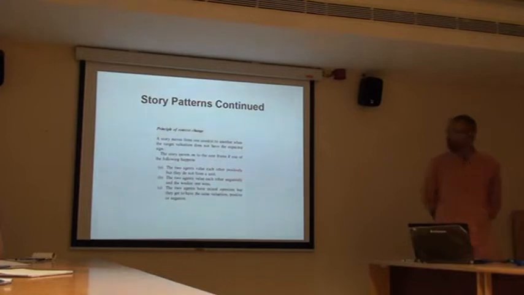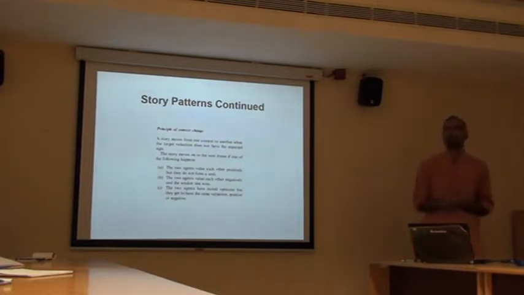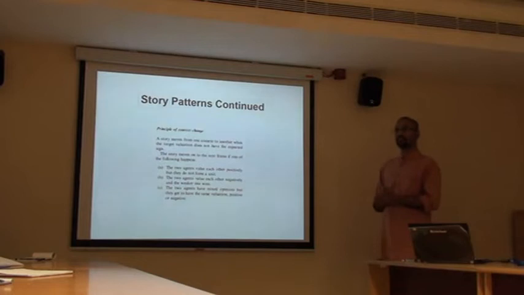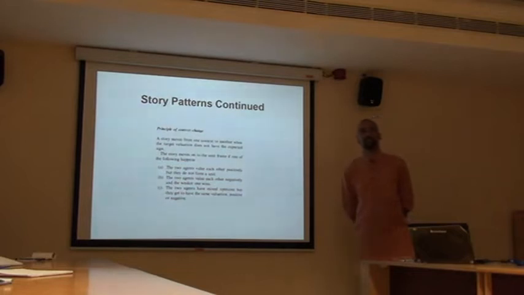So the principle of context change is that the story moves from one frame to the next if one of the 2 following happens, right? The 2 agents. Suppose that a story is an interaction between 2 people, Romeo and Juliet, that's the tragedy version of it. You can have Arjuna and Karna if you want the antagonistic version, which is also kind of like Romeo and Juliet in other ways.